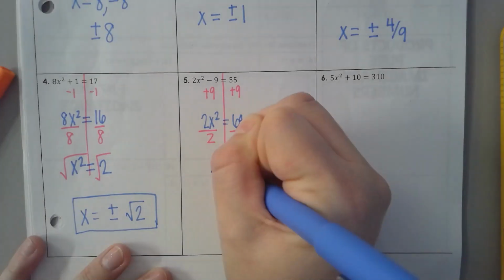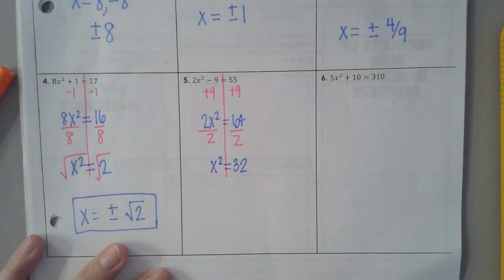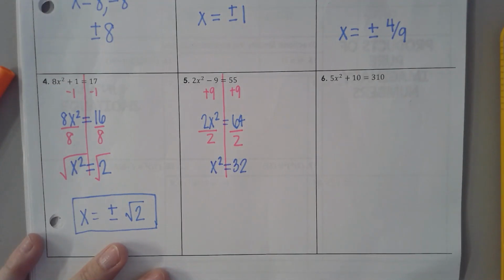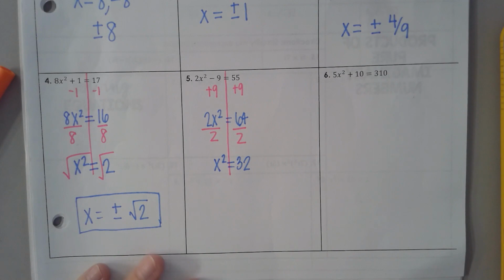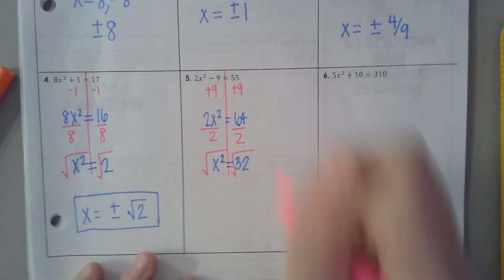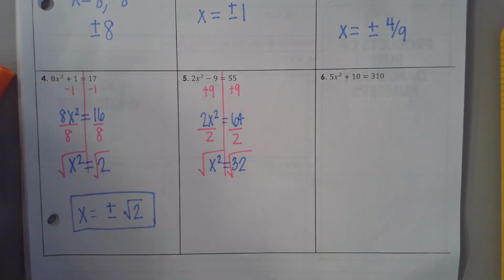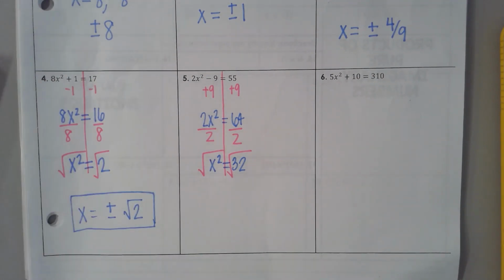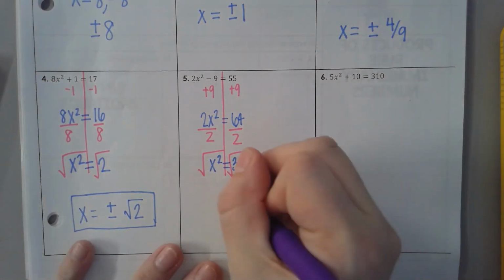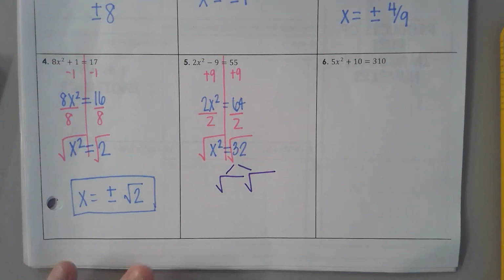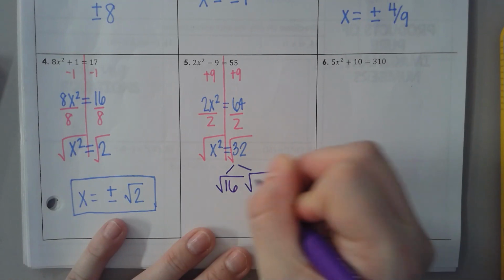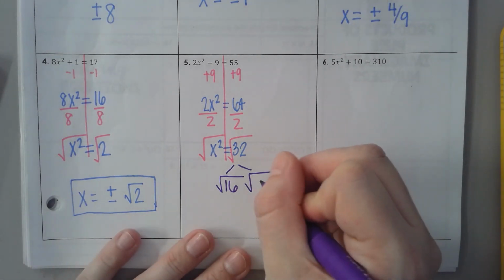X squared equals 32. And then I take the square root. Can I break 32 down? Yeah. What's the largest perfect square that goes into 32? 16. 16 times 2.